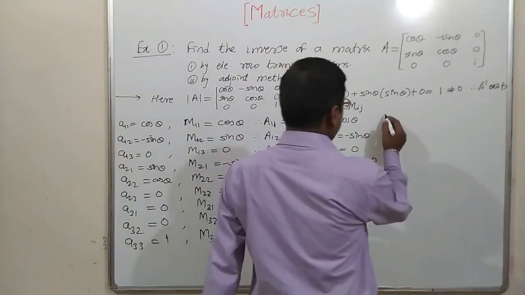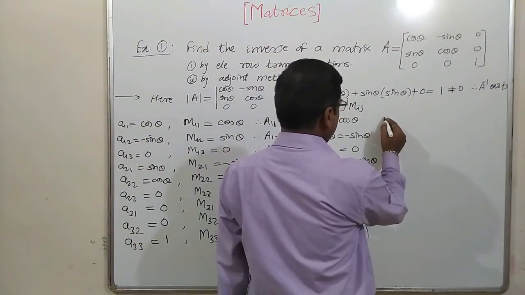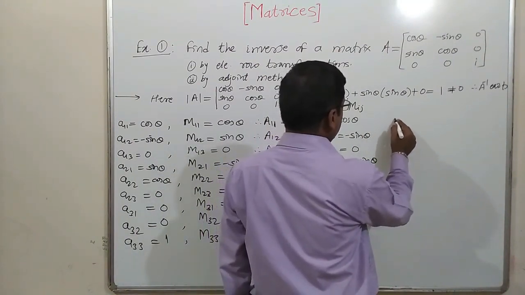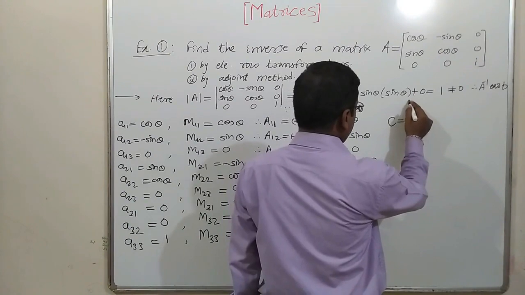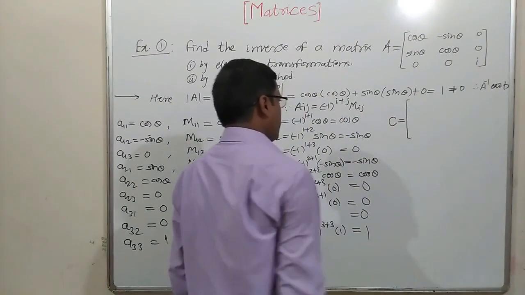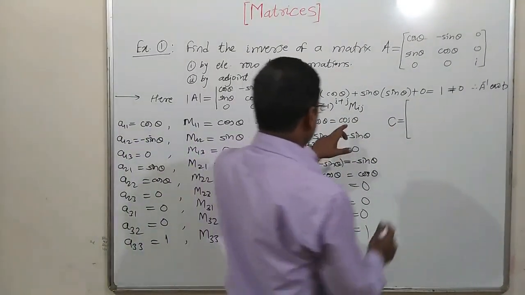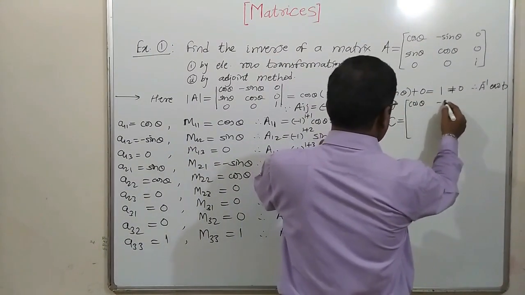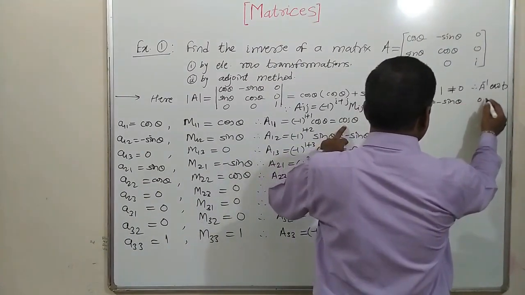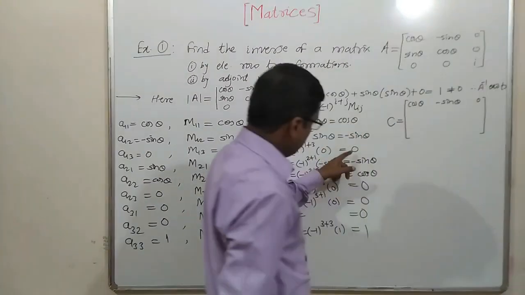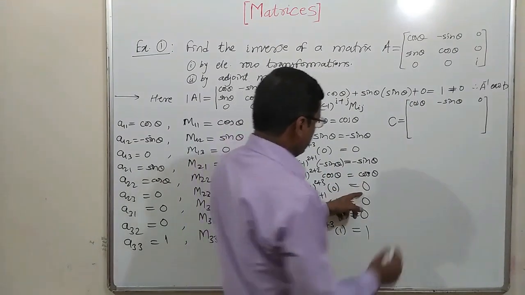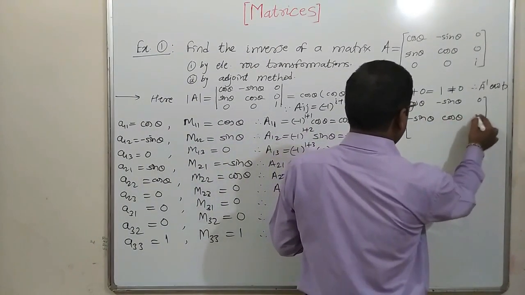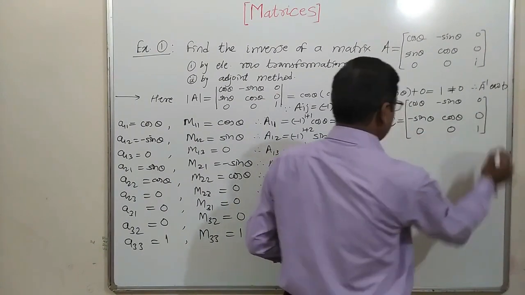From all these cofactors we can write adjoint of A or matrix of cofactors. Matrix of cofactors can be denoted by letter C. Here C is equal to cos theta, minus sin theta, 0, then sin theta, cos theta, 0, and last 0, 0, 1.